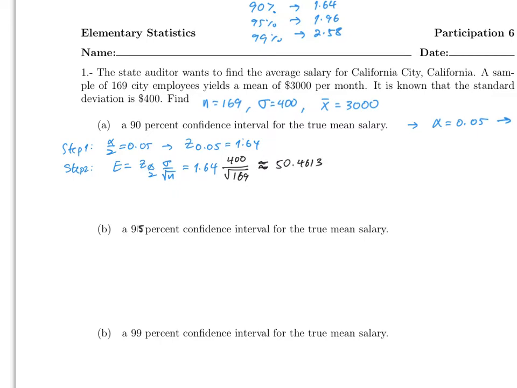Now, this is perfectly fine. But since we're talking about salary, it makes more sense to say it as a whole number. It's not wrong if you say you make $50.46 per hour or per day or whatever. Can we put 50? Yeah, you can write 50.